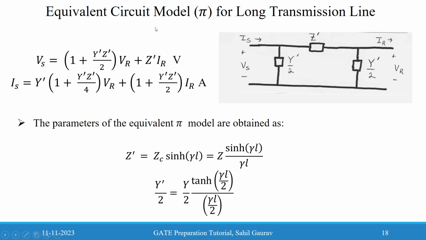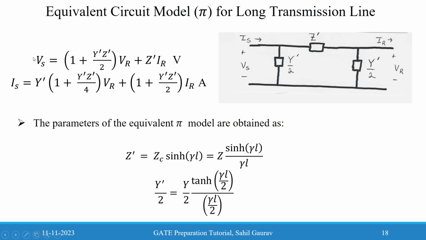Now if you want to write the equivalent pi circuit model, we know how we represent the pi circuit model. We have taken the total impedance of the line in the center and admittance at half at both ends of the line. So first you write this expression that we know from pi circuit modeling.